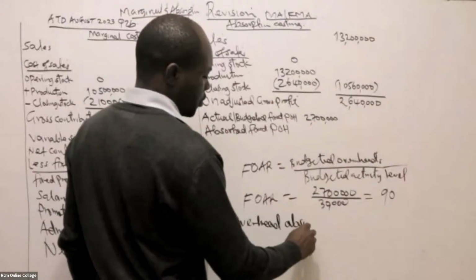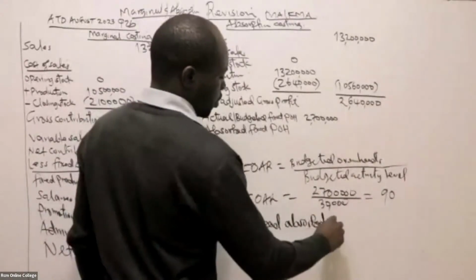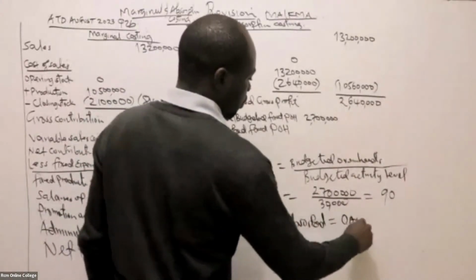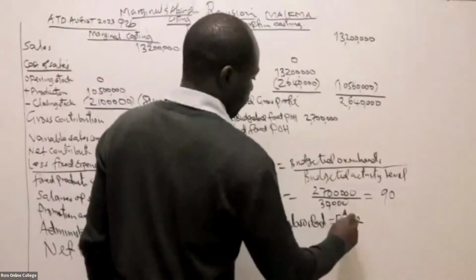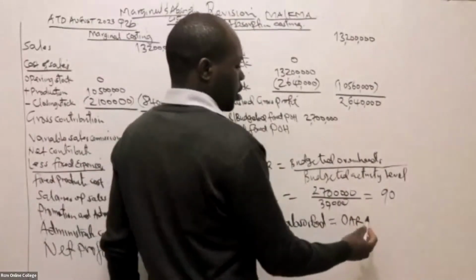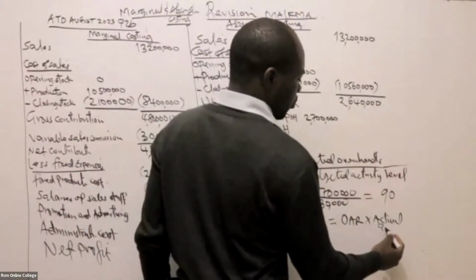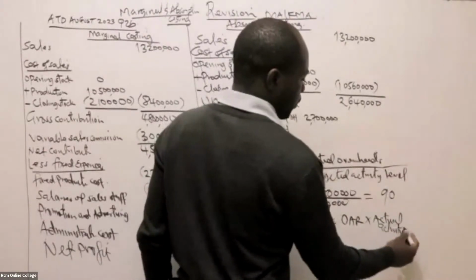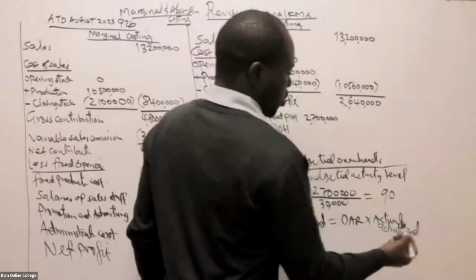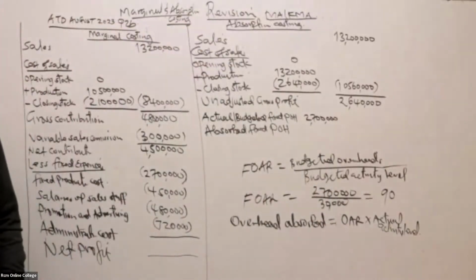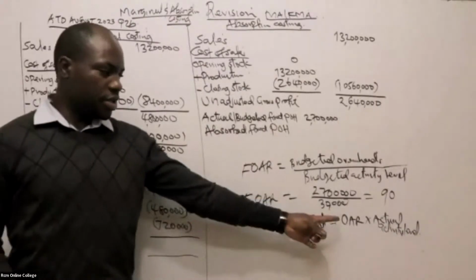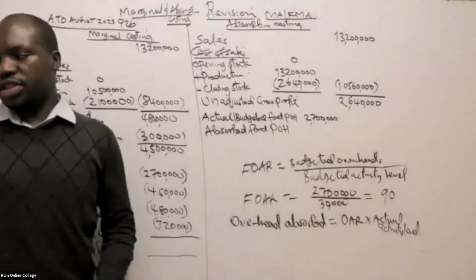Overheads absorbed is equal to overhead absorption rate times actual activity level.